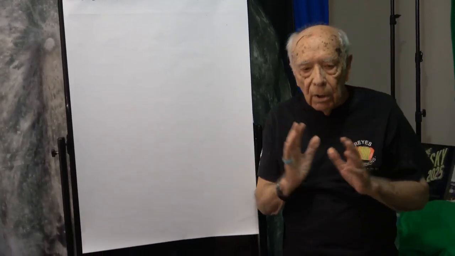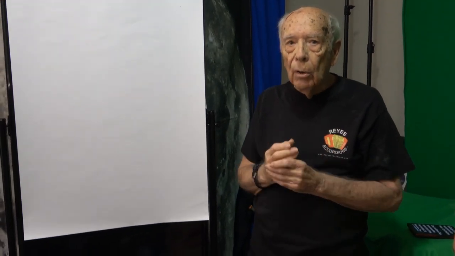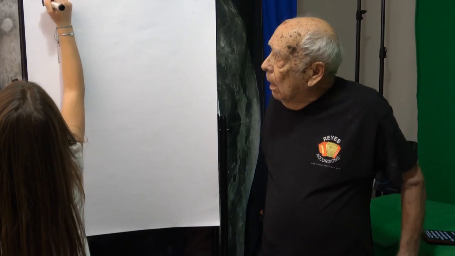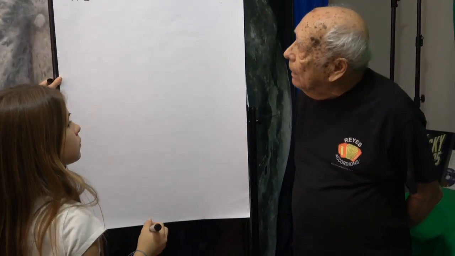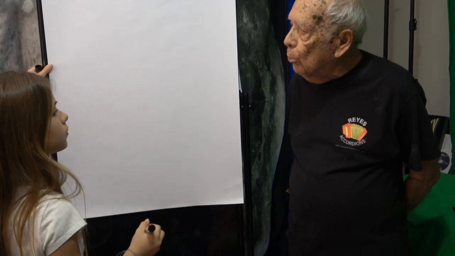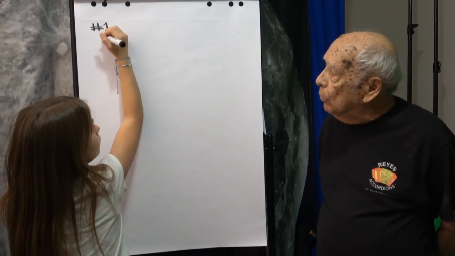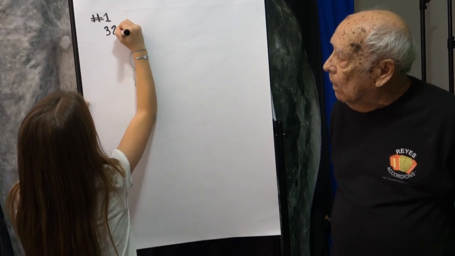So far we're talking about the basics of music. Now we're talking about a song. So write down number 1. A song is 32 measures long. 32 measures, M-E-A-S-U-R-E-S, long.